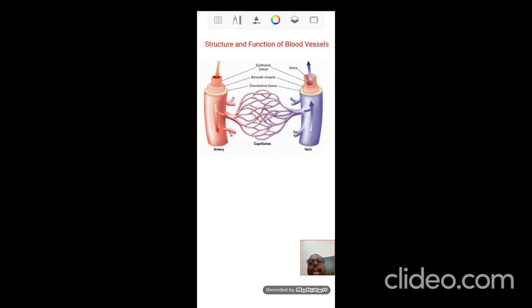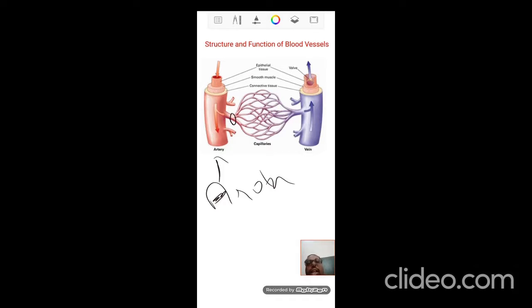You have seen that the aorta is a very big vessel. As it starts its journey, it becomes smaller, which is known as the arteries, and the arteries again become smaller, which are known as the arterioles. Then it enters into the tissues.